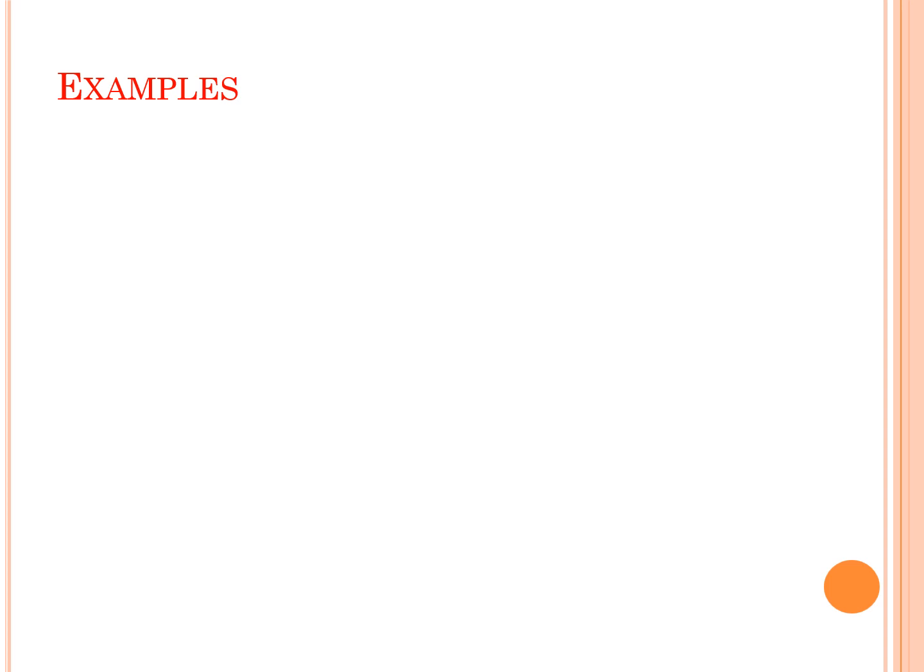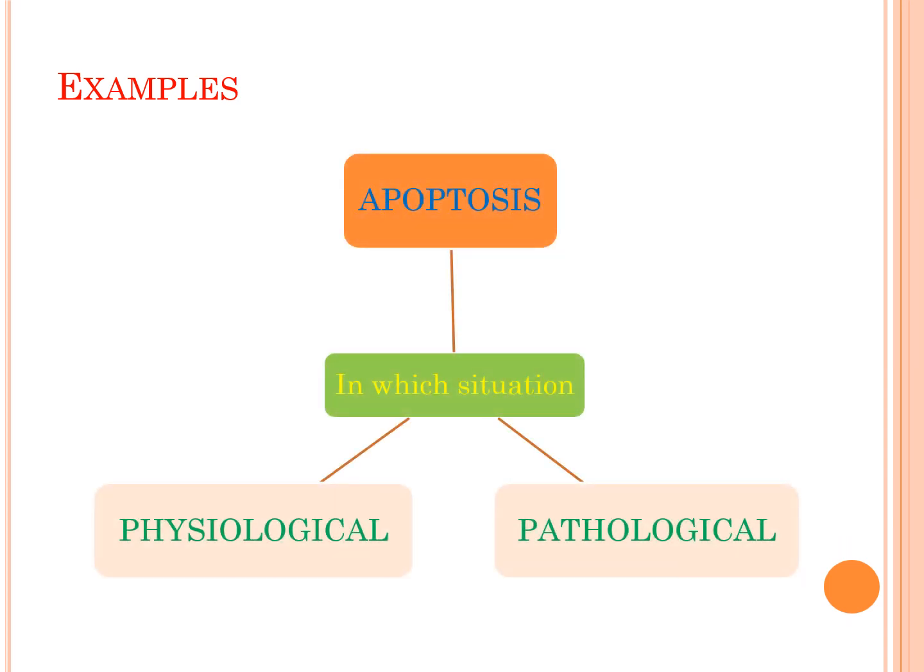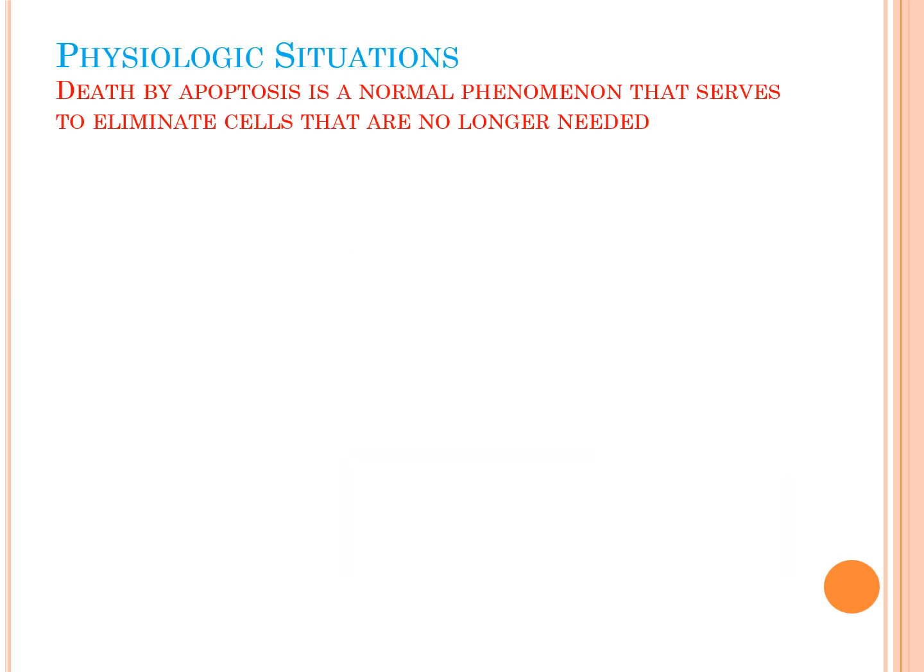So for the examples of apoptosis, we have to consider both the physiological and pathological conditions. First the physiological situations where apoptosis is seen. Physiologically means it is a normal phenomenon. So this normal phenomenon of apoptosis serves to eliminate the cells that are no longer needed.